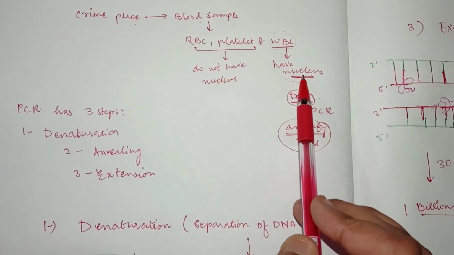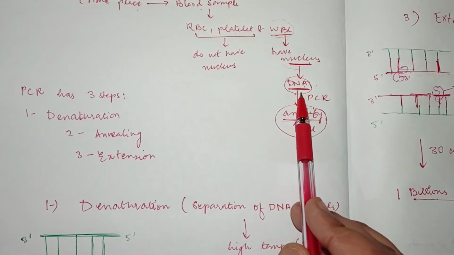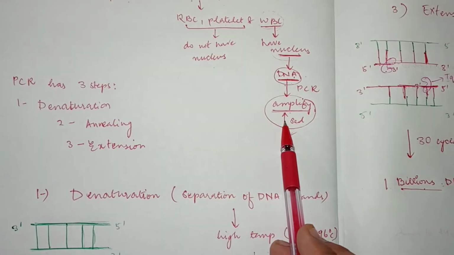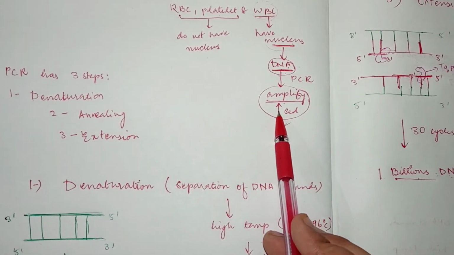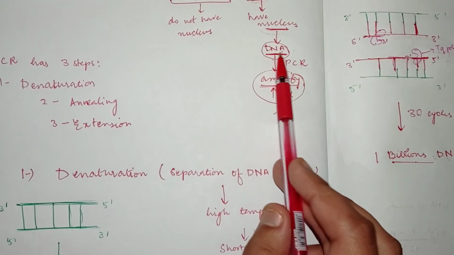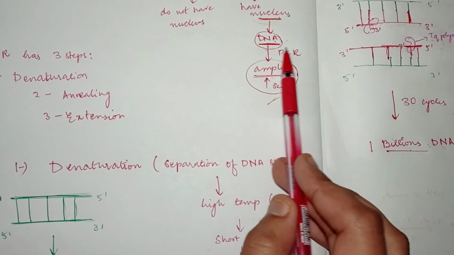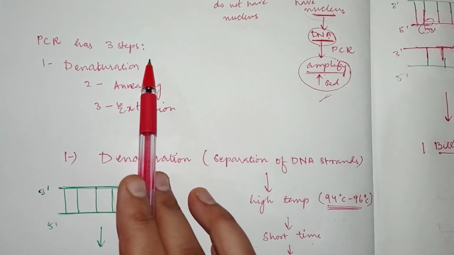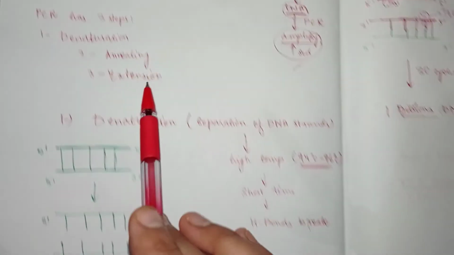Only WBC have a nucleus, so they have DNA, and this DNA is in very small quantity. So we need this DNA to be amplified so that we can do our research or experiment work. And this DNA is amplified or increased by the use of PCR, that is polymerase chain reaction. And polymerase chain reaction has three steps: denaturation, annealing, and extension.